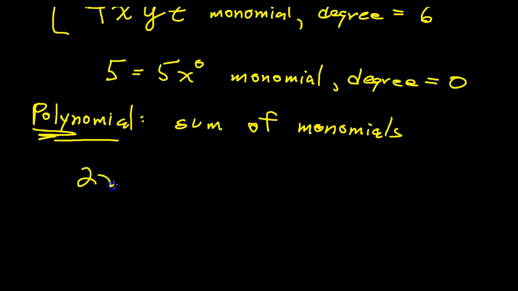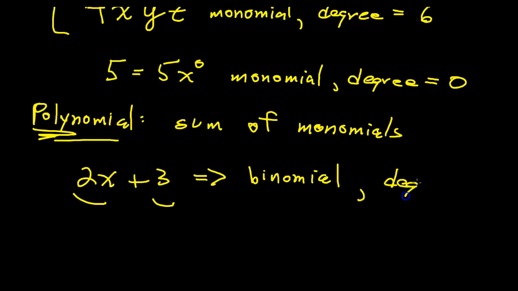How about 2x plus 3? I call this a binomial, bi meaning 2, because it's a sum of two monomials, 2x plus 3, two monomials. What's the degree of this polynomial, this binomial? Well, the degree of a binomial or a polynomial is the degree of the highest degree term it contains.